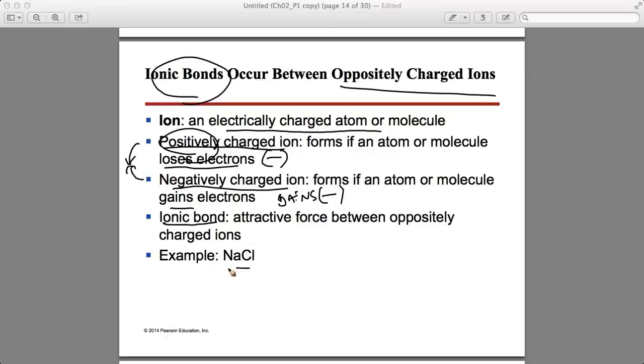A good example of this are salts, such as sodium chloride, or table salt. Sodium, being positively charged, and chloride, being negatively charged, are held together by those ionic forces that attract the two atoms together.